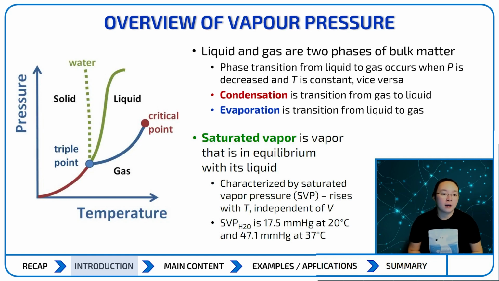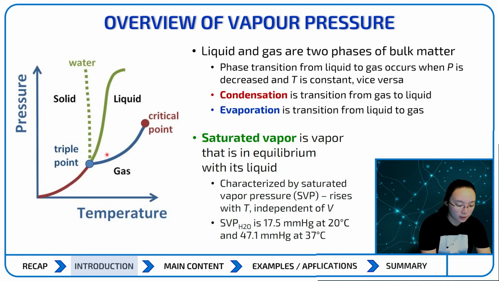So in the case of liquids and gases, there's something called phase transition, and you can transition from a liquid to a gas when your pressure is decreased based on this pressure versus temperature graph, and of course, T is constant, and vice versa.